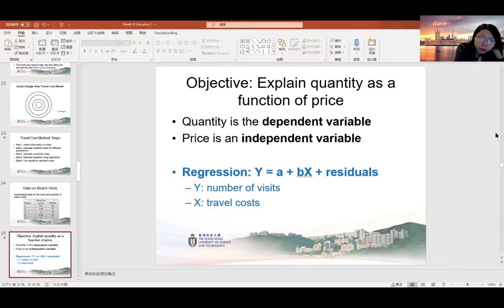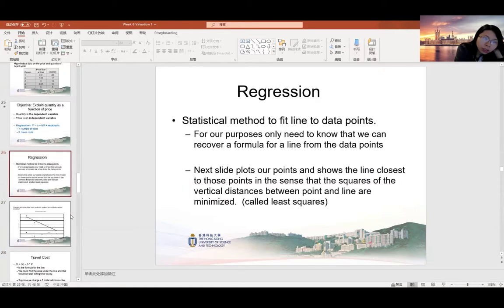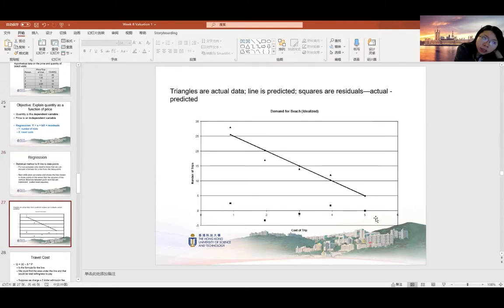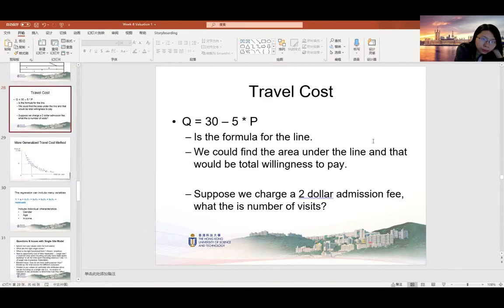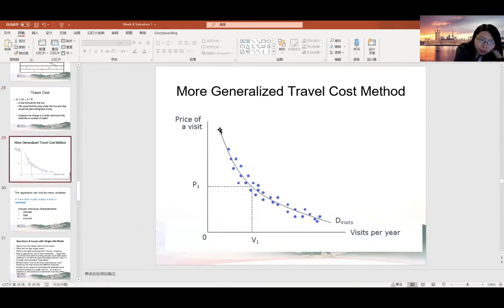You are able to run a regression and get an idea of what the shape of these curves look like, right? And once you have the curve, you are able to figure out the consumer surplus. So here the valuation is pretty much the summation of consumer surplus. You're able to figure out the demand curve, and the area beneath the demand curve tells you the aggregation of consumer surplus.